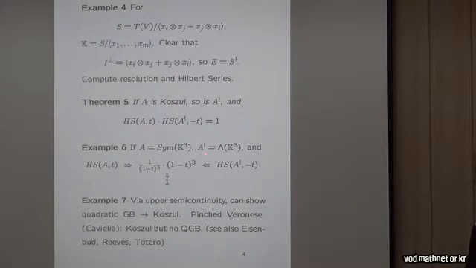The exterior algebra on 3 generators, well, what's its Hilbert series? In degree 0, I have the unit. In degree 1, I have e1, e2, e3. In degree 2, I have e1e2, e1e3, and e2e3. And then in degree 3, I have e1e2e3, and that's it. So, of course, the Hilbert series for an exterior algebra is just a polynomial. It's not an infinite series.